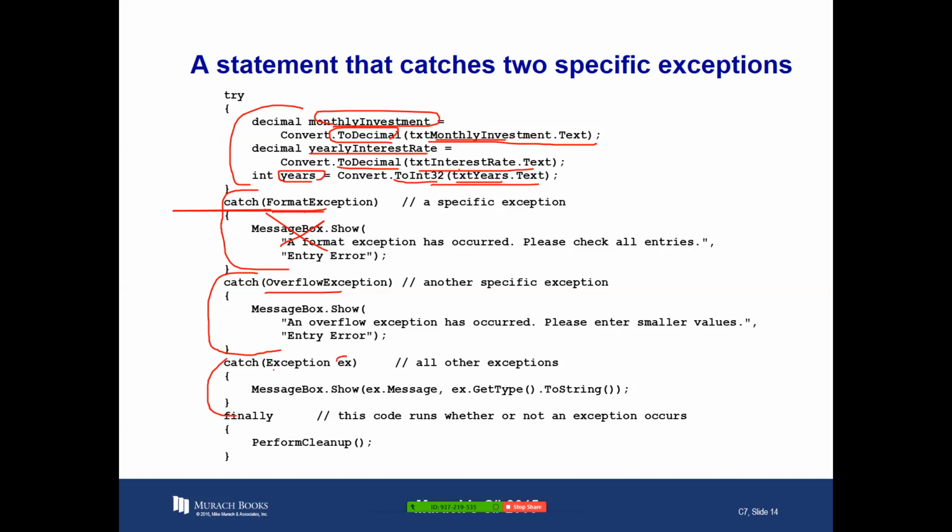Here you want to have this EX variable, and so you actually want to display that message and display the type and so on. So that's this hierarchy of exceptions.